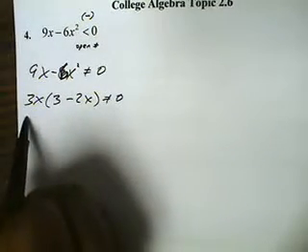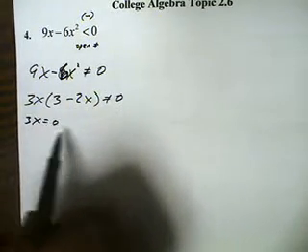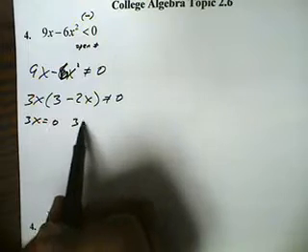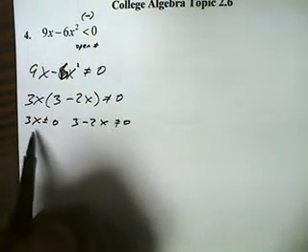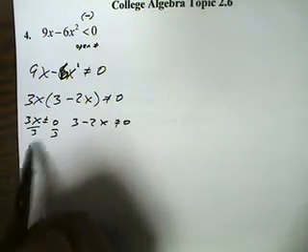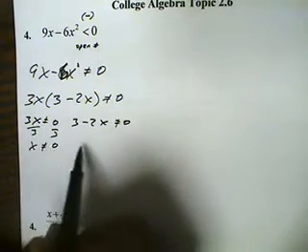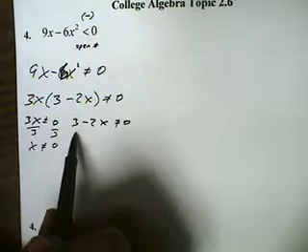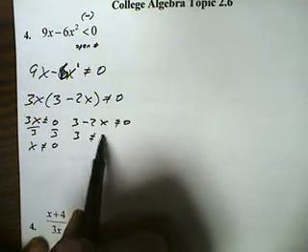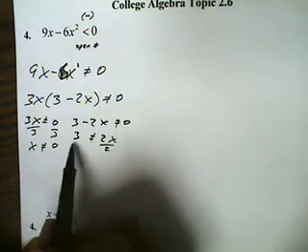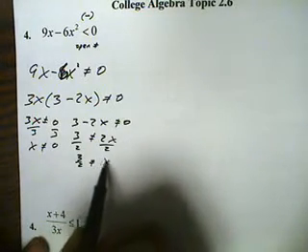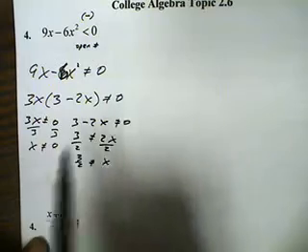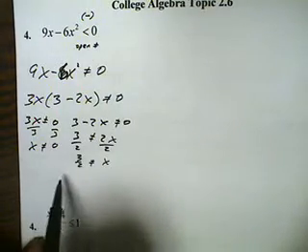And then I'm going to solve for both parts. 3x set equal to 0, and 3 minus 2x set equal to 0. If I divide both sides by 3 here, I'll get x is 0. And here this implies that 3 equals 2x, and divide everything by 2, I get 3 over 2 for x. So those are my two values there.